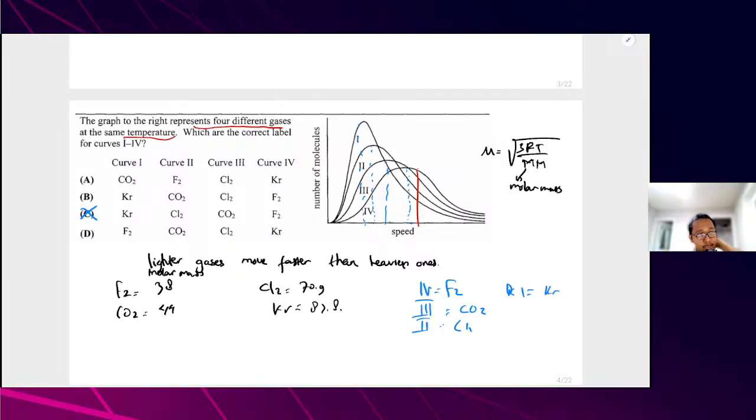Just remember that the lighter will be faster. This is the concept in our daily life too: the lighter one will probably be faster than the heavier one, if they have the same energy.